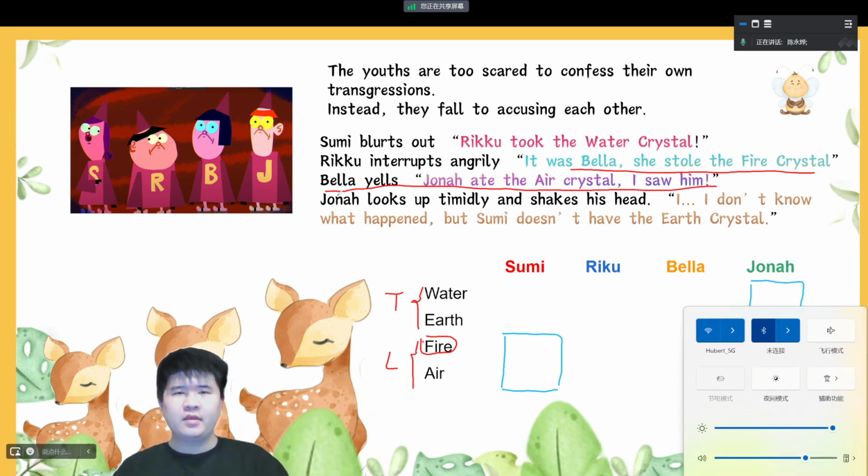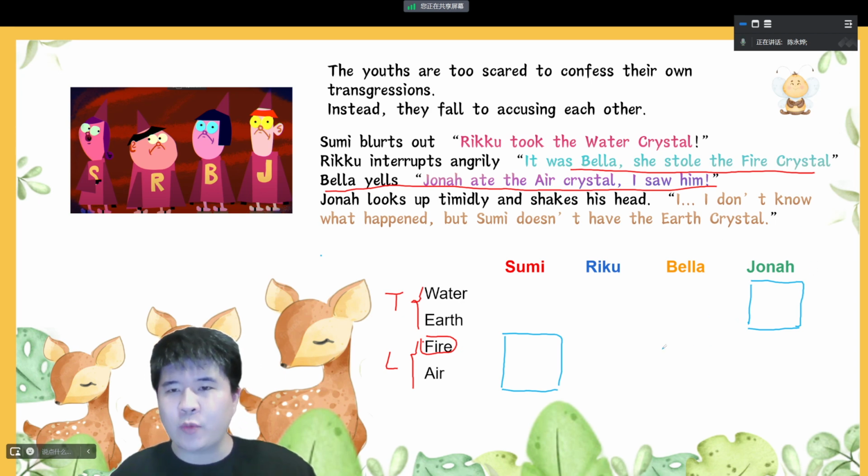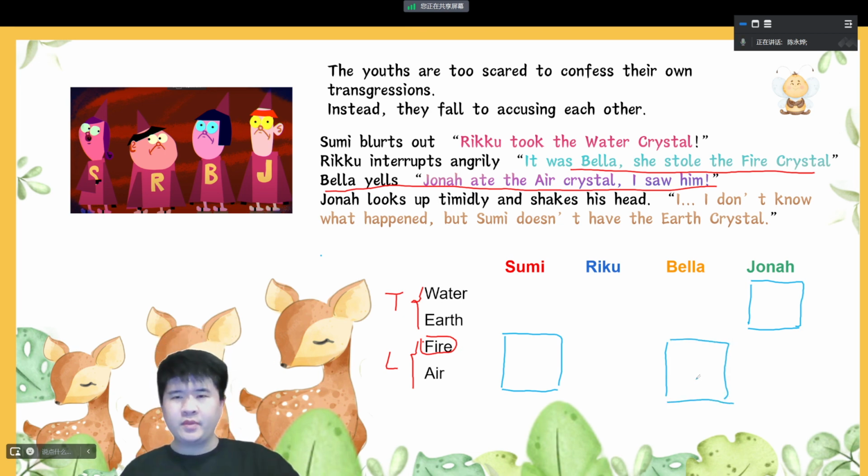And then let's check. Bella yells, "Jonah took the air crystal, I saw him." And does Jonah have the air crystal? It cannot be. Jonah can only have water or earth, so Bella is also lying here. And we have already found the people who lied at this moment.